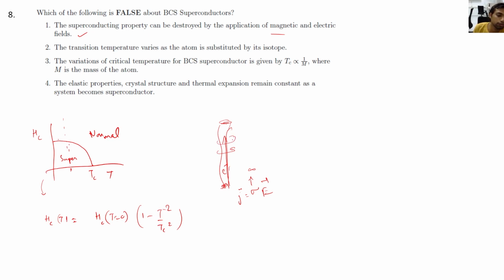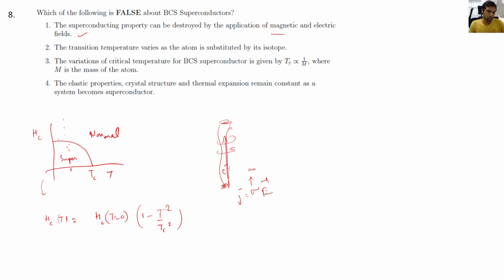And when that magnetic field reaches above the critical field, it will destroy the superconducting nature, and you will have a normal state again. So application of high magnetic and electric field can destroy the superconducting property.